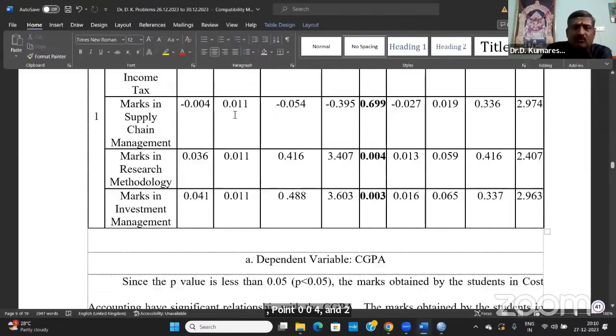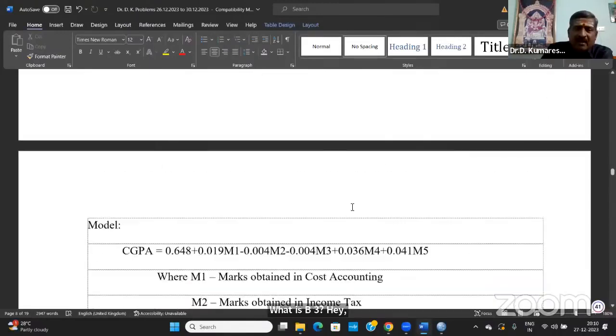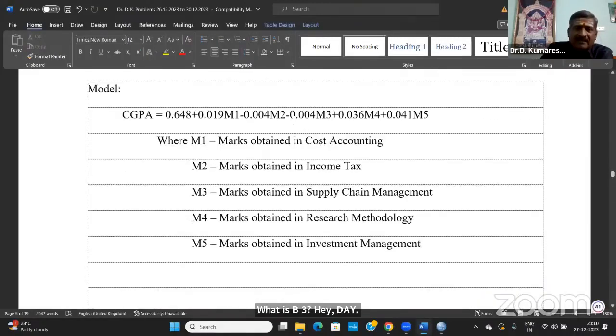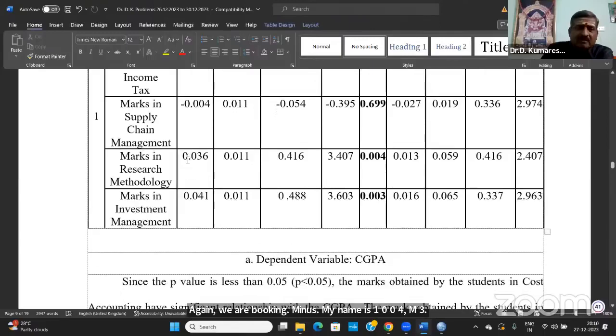What is B3? It is also minus 0.004. Again, we are putting a minus symbol. Minus 0.004 M3. Then what is B4? Positive, 0.036.